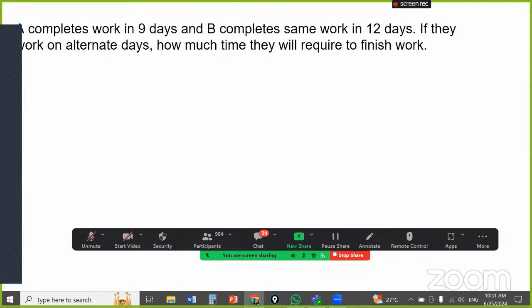Like that. This is the meaning of alternate days. If they work like this, both of them are working, but they are not working together. Each day one by one, alternately they are working. So if they do so, how many days are required to complete that particular work?